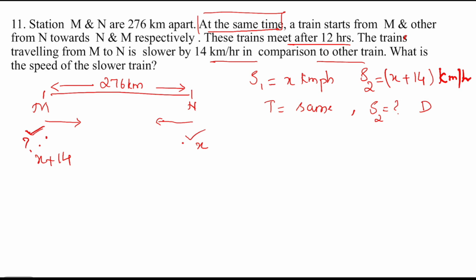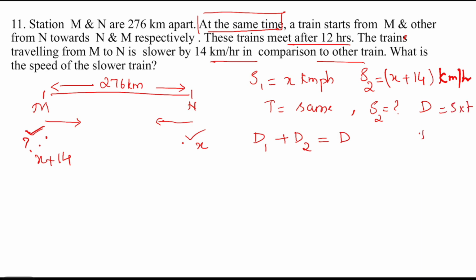The distance covered by second train we don't know, isn't it? We want to find out that distance. So distance covered by first train plus distance covered by second train is the total distance. We know distance is nothing but speed into time.